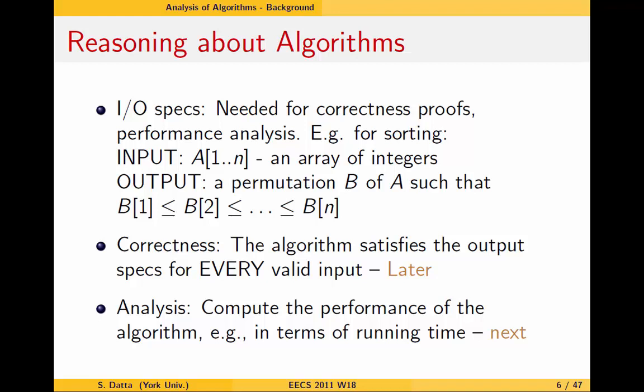Because if I just said the output is an array where all the elements satisfy that chain of inequalities, then your algorithm could rewrite A and fill it all with zeros, and that should be a correct sorting algorithm because it satisfies your output specifications. Which is, of course, not reasonable.